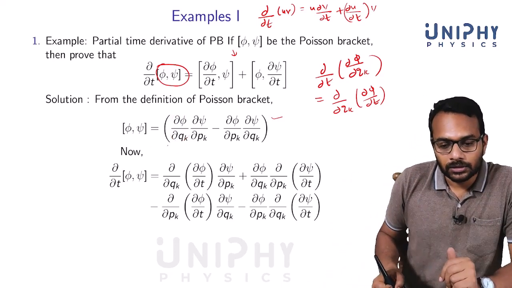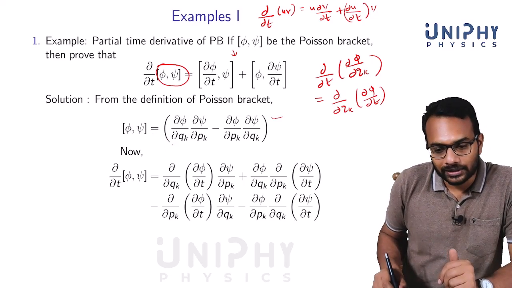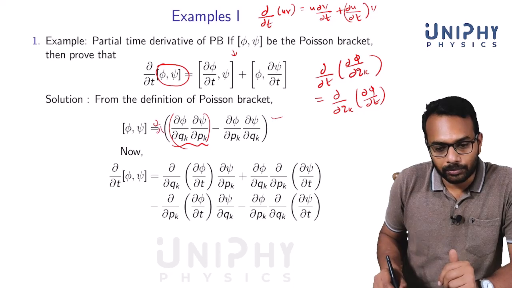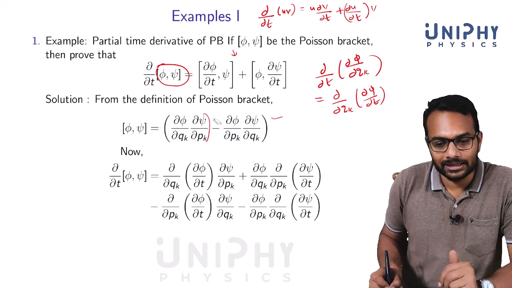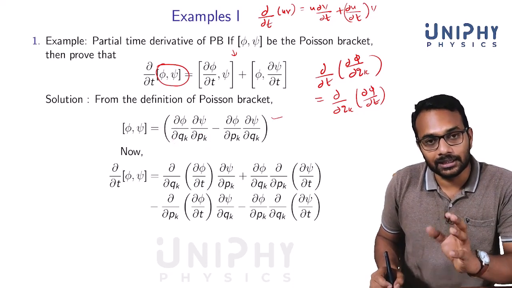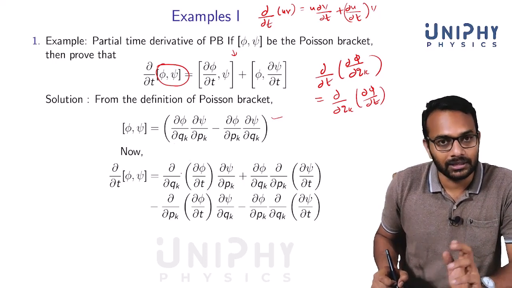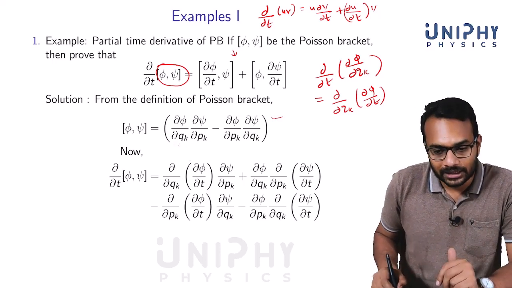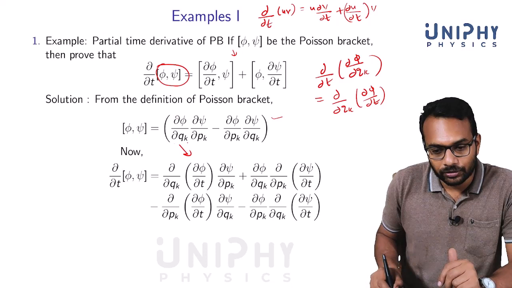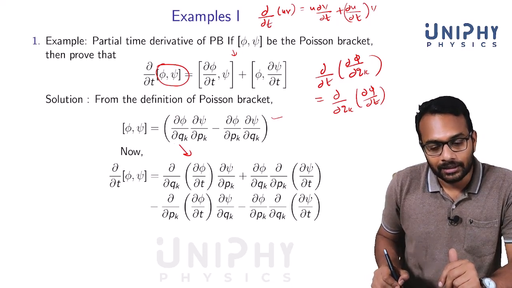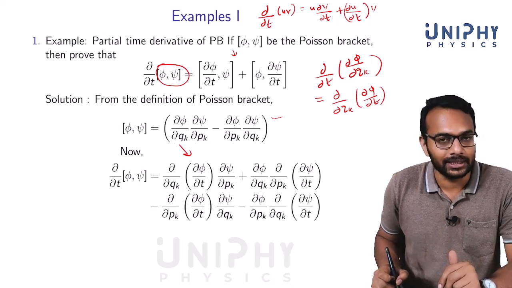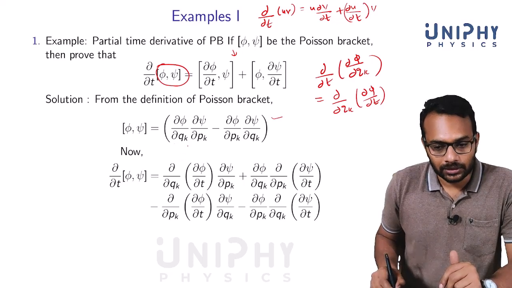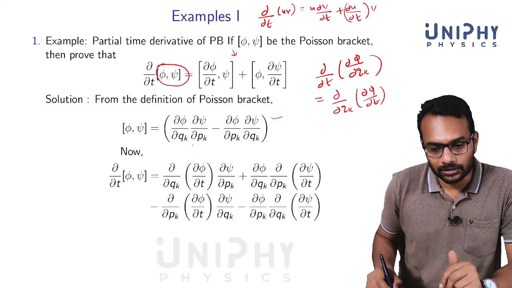So when we take dou by dou t of this thing, we are taking dou by dou t of the first term, and we use the product rule. Also, we interchange the order of taking partial derivative with respect to qk and t. That's what we do here. This is the derivative of the first term with respect to t, and then we have interchanged this q and t. So you have to use the product rule, and you get two terms from this one.